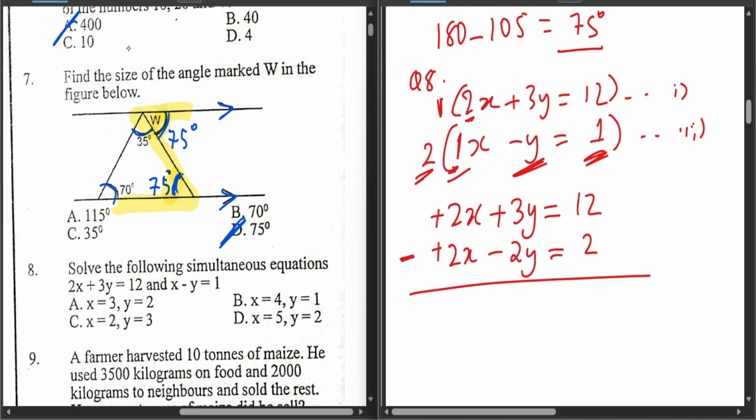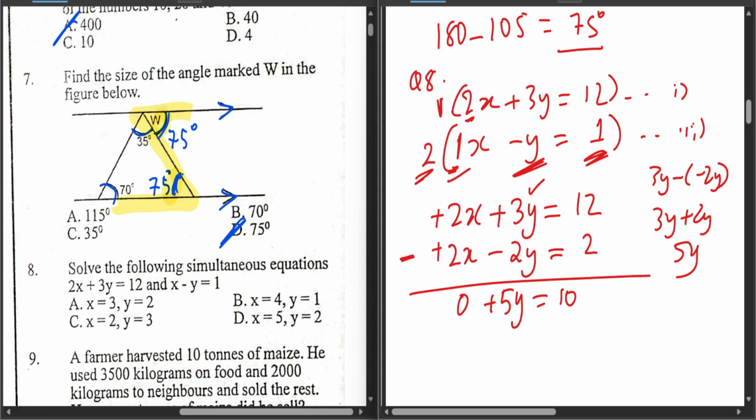So 2x minus 2x is 0. 3y minus negative 2y is 3y plus 2y, which is 5y. So 5y equals 12 minus 2, which is 10. Divide by 5, and therefore y is equal to 2.